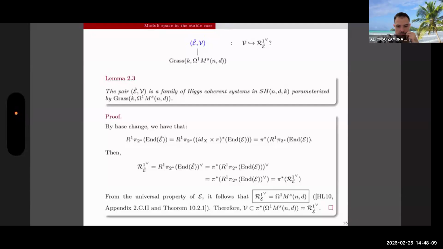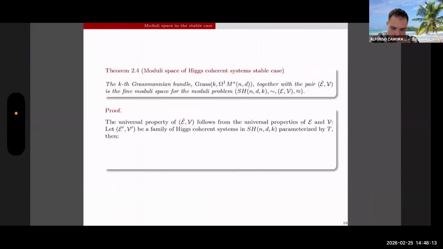Using this family, we can prove the existence of the moduli space for Higgs coherent systems where the underlying vector bundle is stable. We only need to check that this family satisfies the universal property.